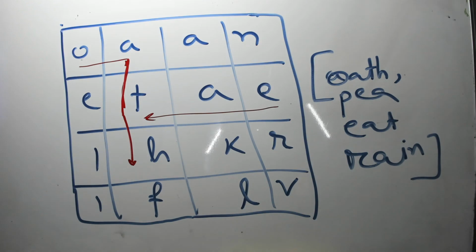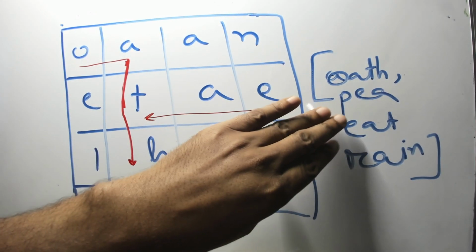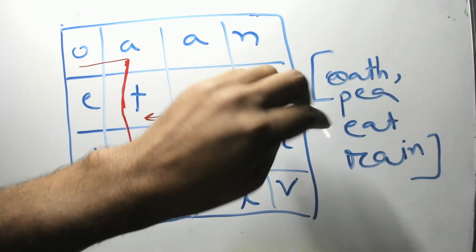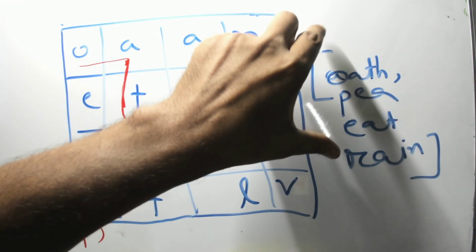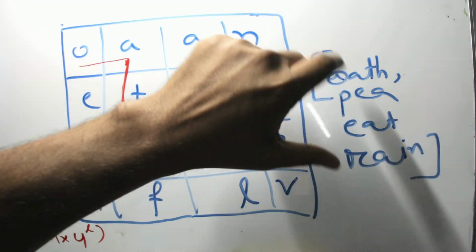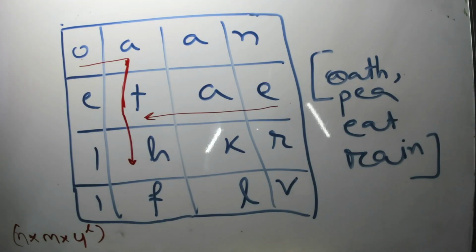In Word Search 1 our time complexity was n times m, times 4 to the power of word length, right? It was expensive, and here that will increase again with the length of our words.